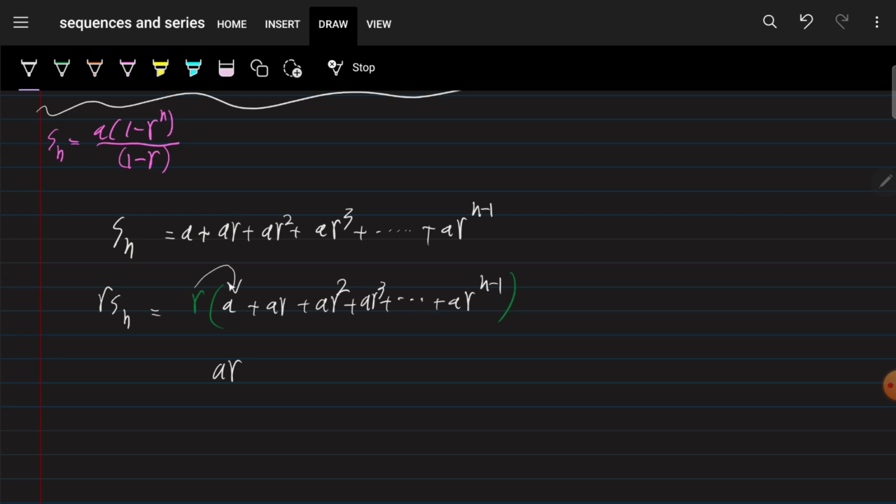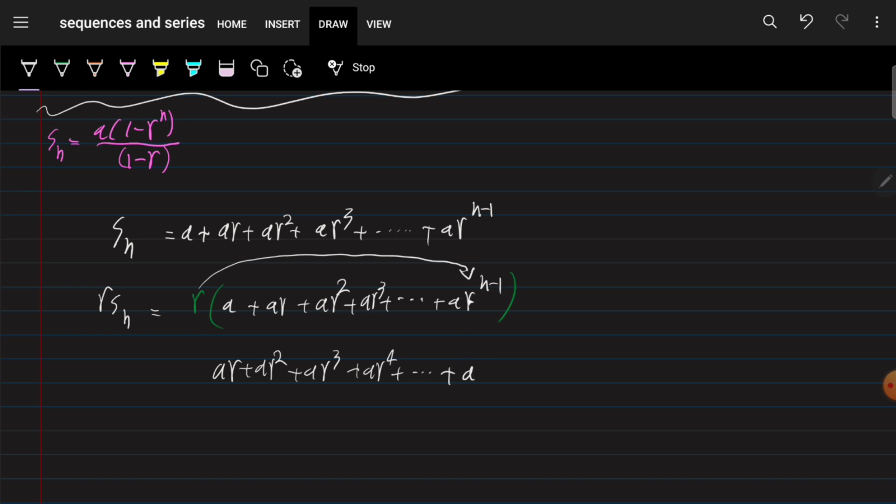Okay, so R times A is AR. R times AR is AR squared. Then we have AR cubed, and so on. So let's see what we get when we multiply R by AR to the n minus 1. Well, we're going to get all of these terms all the way until this.